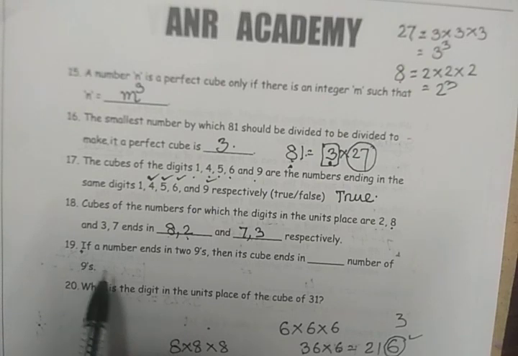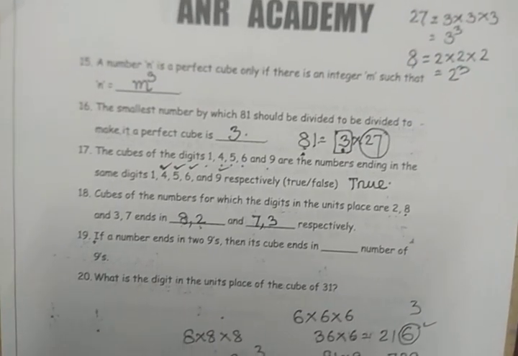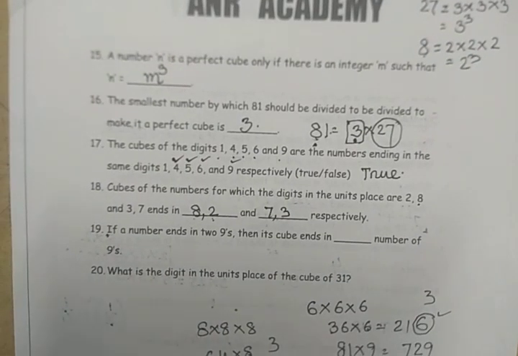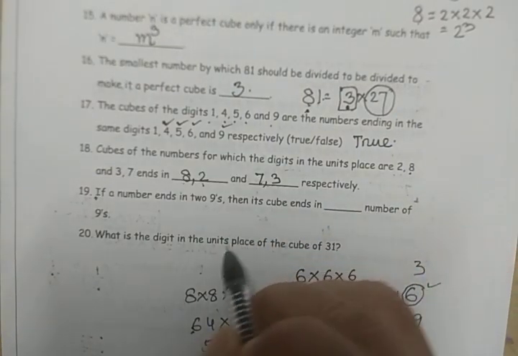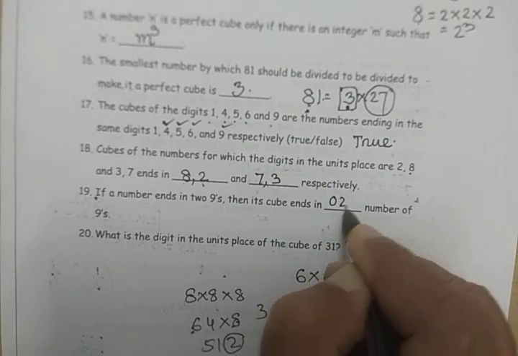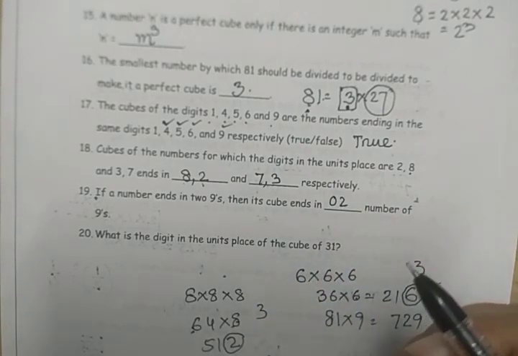Clear? If a number ends in 2 nines, then its cube ends in how many nines? Understood? Suppose a number ends in 2 nines, then its cube ends in how many nines? 2 nines. You can check that.